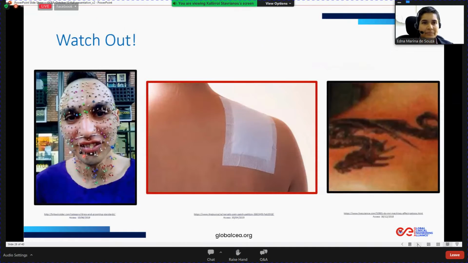Next, please. In some cases, the patient may have body piercings, tattoos, and transdermal medicines, for example, which can lead to burns and skin injuries due to heating.